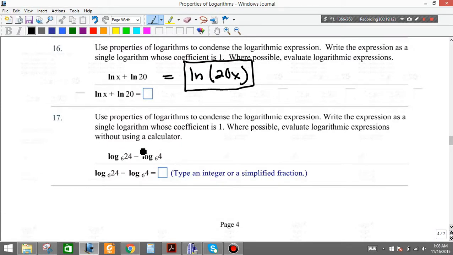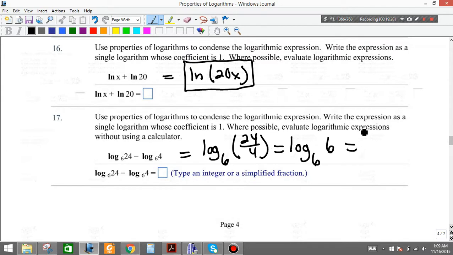Here, this subtraction means that we're dividing. I can write this as one single log. It's log base 6 of 24 divided by 4. And as you might imagine, that's going to be a nice number. 24 divided by 4 is 6. Log base 6 of 6 is nothing but the exponent that you need to raise 6 to in order to get 6. That number is 1. 6 to the first is 6. The answer is 1.